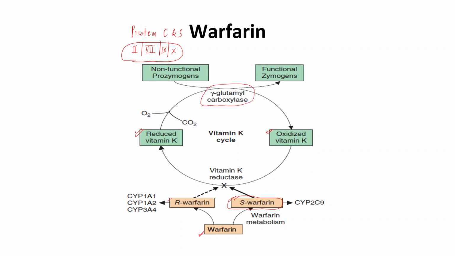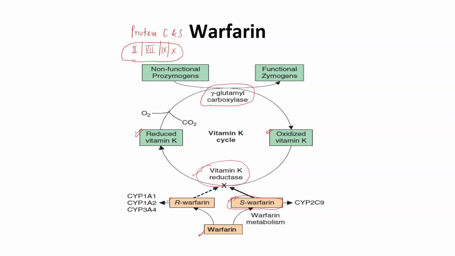It will activate the inactivated clotting factors with the help of reduced vitamin K, and in this process the reduced vitamin K will be converted to oxidized vitamin K. Then oxidized vitamin K has to be converted back to reduced vitamin K, and this happens because of the enzyme vitamin K reductase.